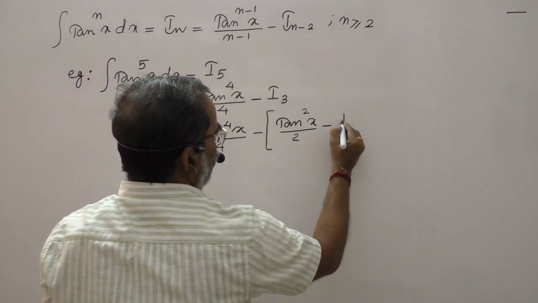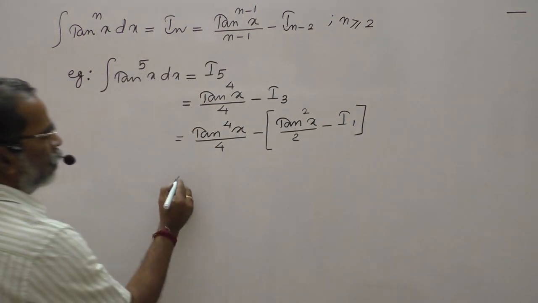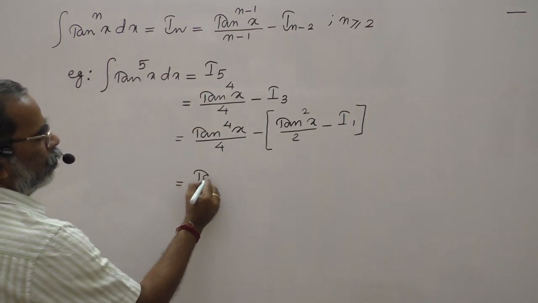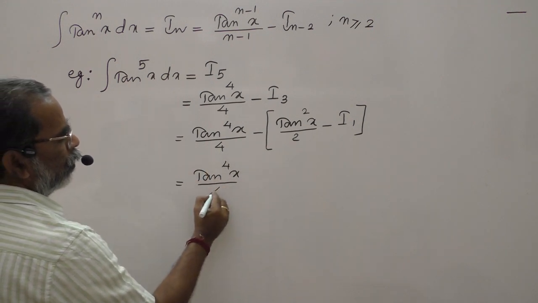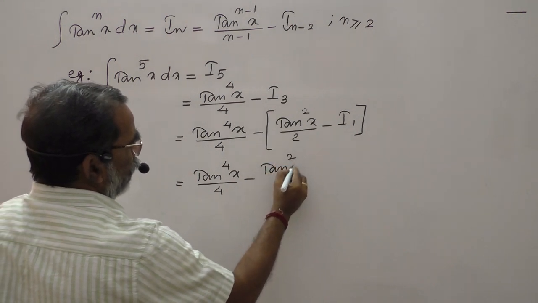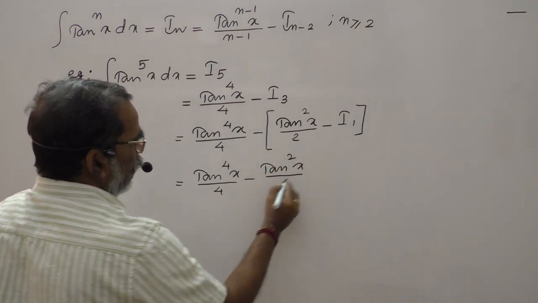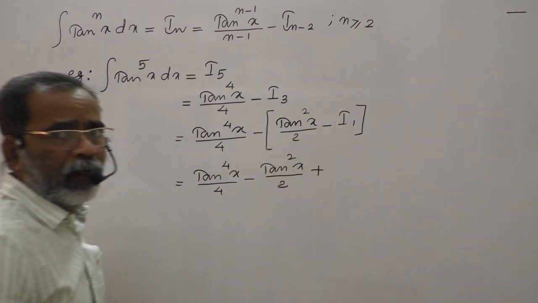Now n is 3, no? 3 minus 2 is 1. Yes, therefore this is tan power 4 x divided by 4 plus, minus tan square x divided by 2, minus into minus plus I 1.